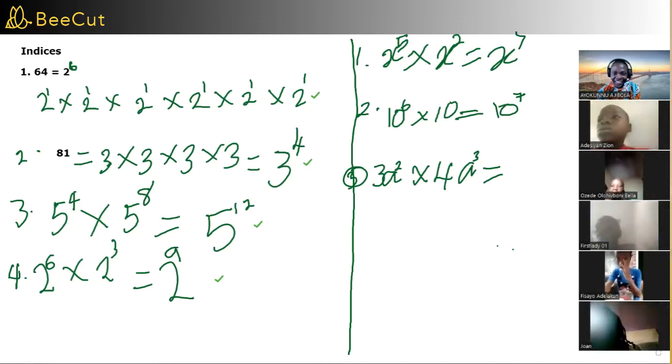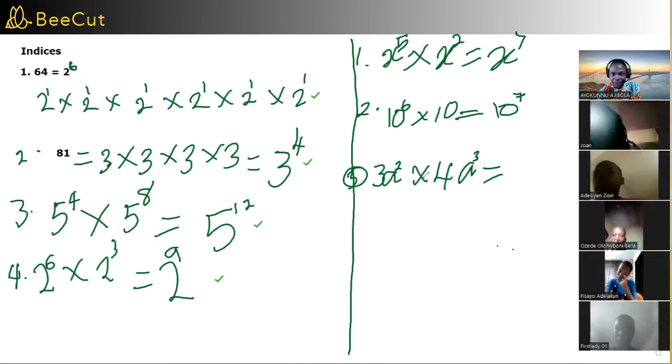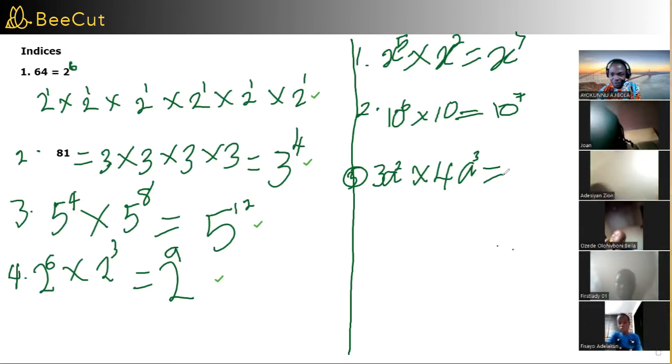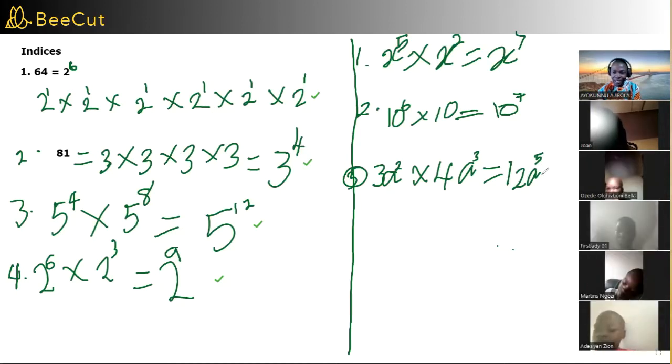Okay, you tried. But can you see that this is multiplication, yes or no? Yes, sir. So what is 3 times 4? 12. Very good. So that is 12A raised to power 5. Is that clear to everybody now? Yes, sir. Very good.